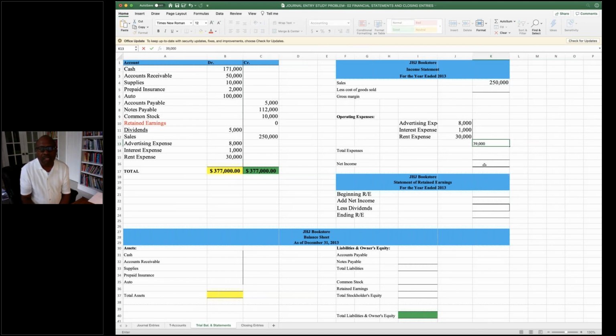So, on the right line, back goes out here. And so with total expenses of 39,000, what must our net income be?